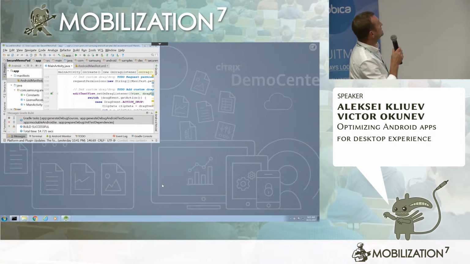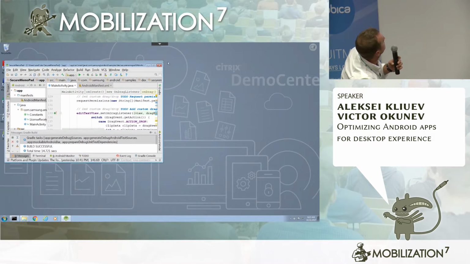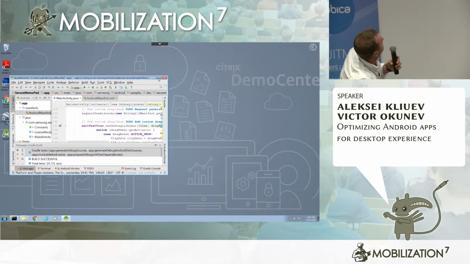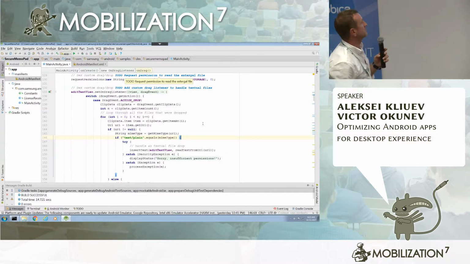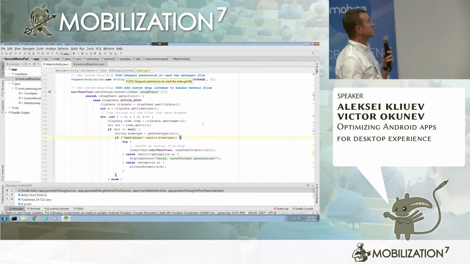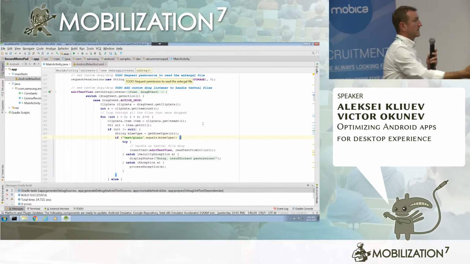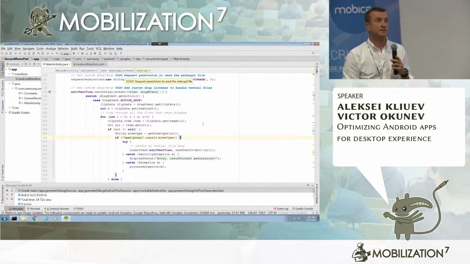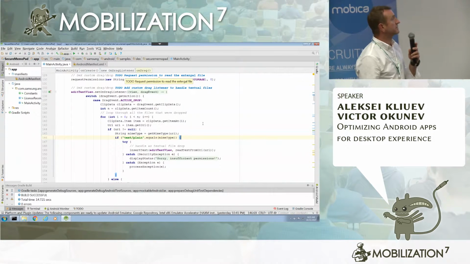I think it's Windows Server 2008, and this is my Android Studio that runs here. Depending on your Wi-Fi, the response time is pretty good. You actually feel like you're working locally on a Windows computer in this particular case.